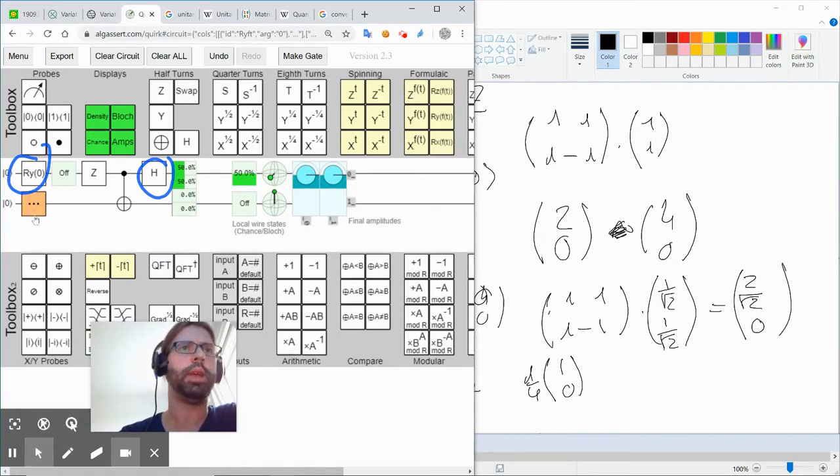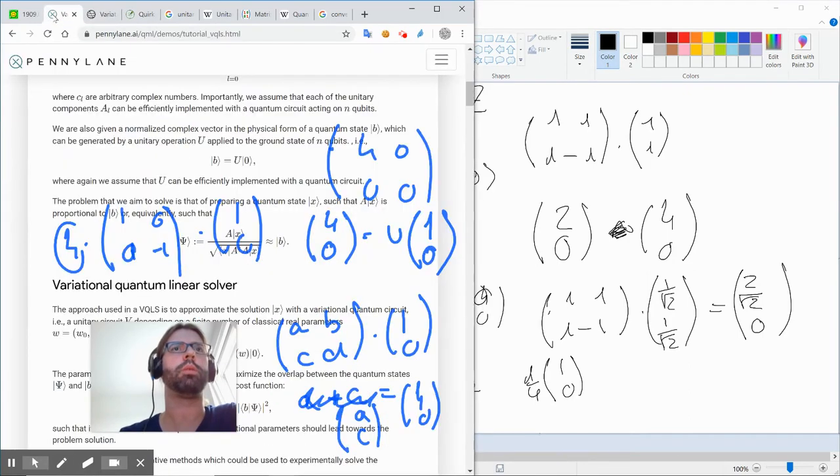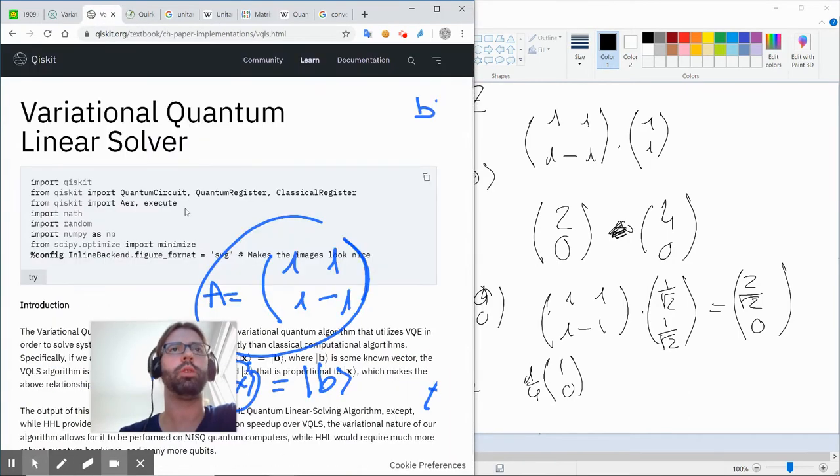So if we're not doing anything here, the identity will do the same, right? So that's really what U is. So that's fine. But what do I do with this 4? That's my problem. I don't know how to get back to a final solution, right?